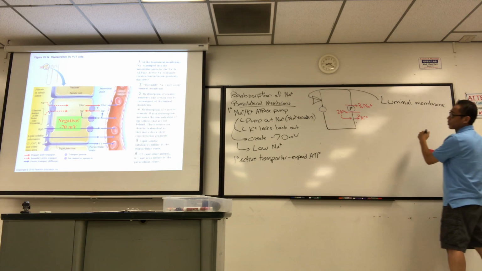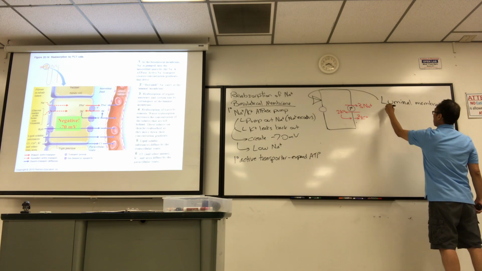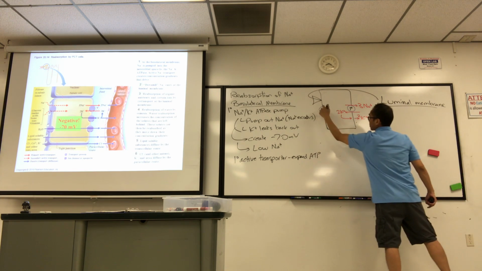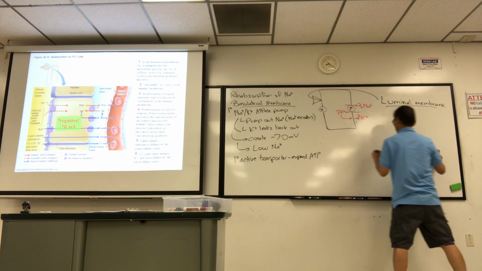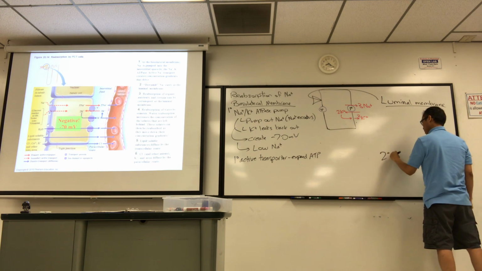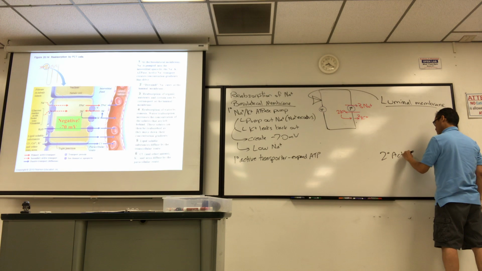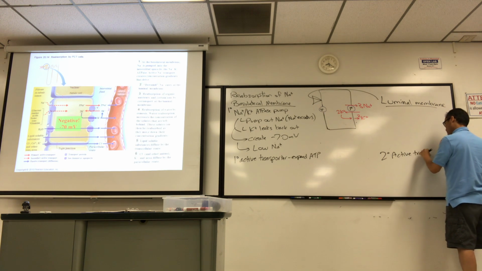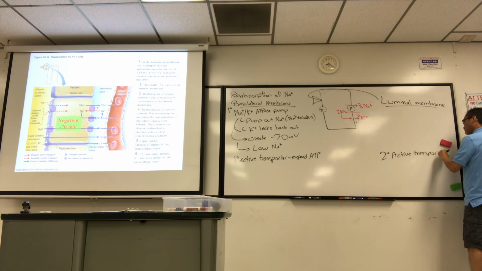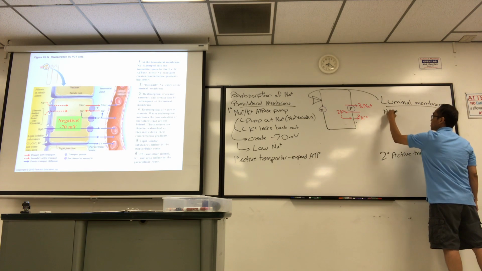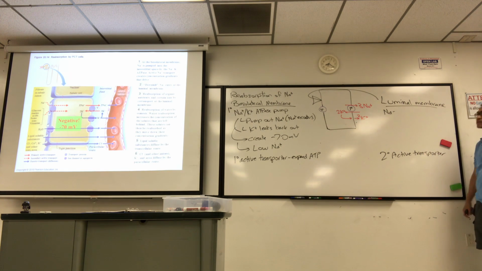Okay, so the luminal membrane, you've got this molecule here, it's a secondary active transporter. It's a sodium something co-transporter. Let's say, for example, it's glucose.